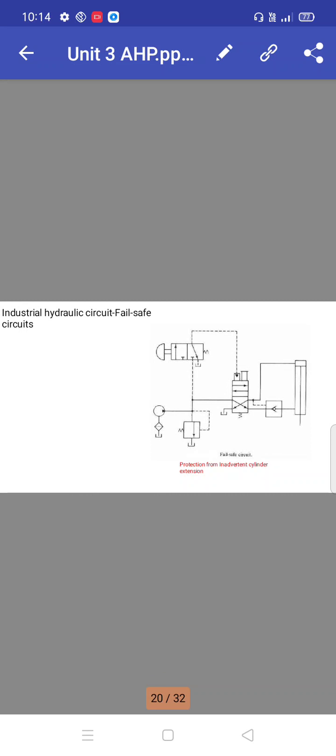Fail-safe circuits. Fail-safe circuit means if any drawback occurs within a certain period of time, you can find it out very easily in advance. How will we find such things?